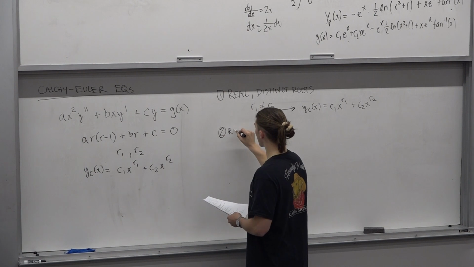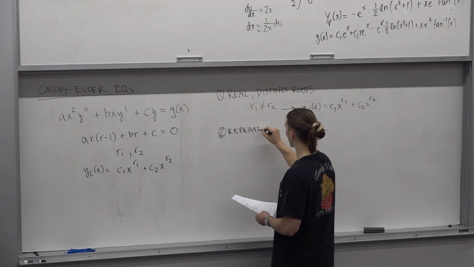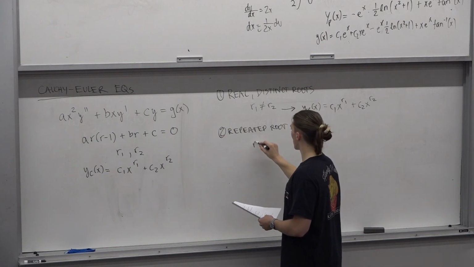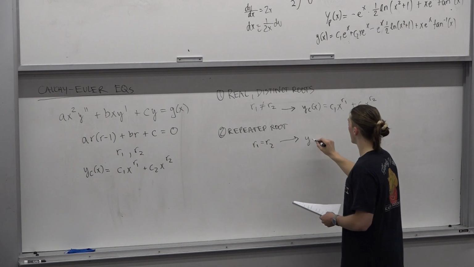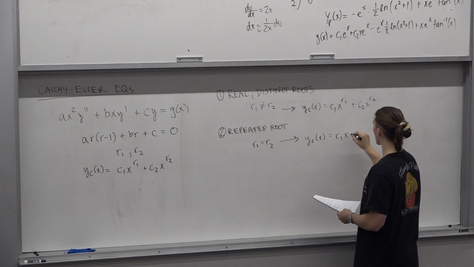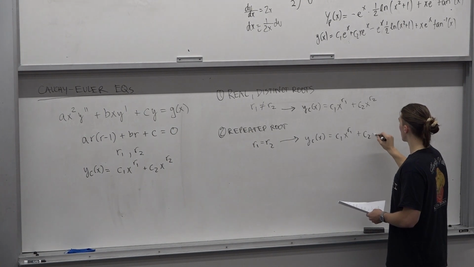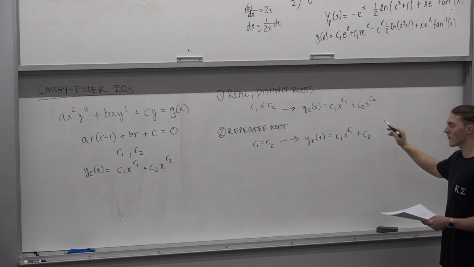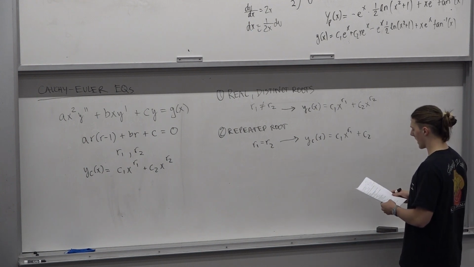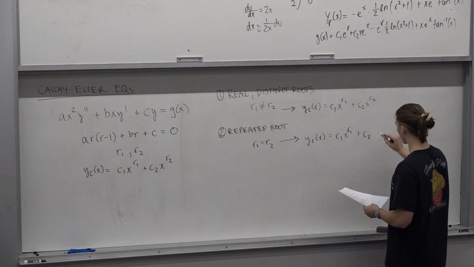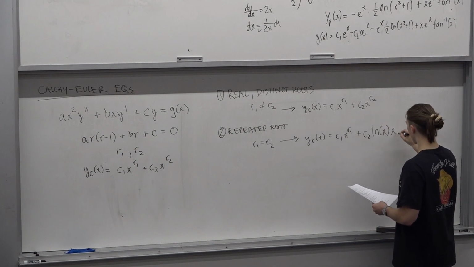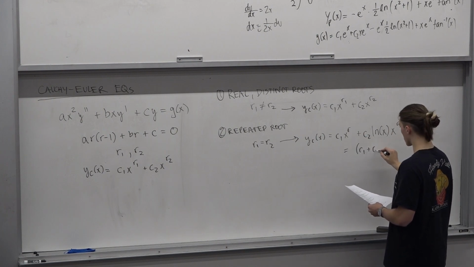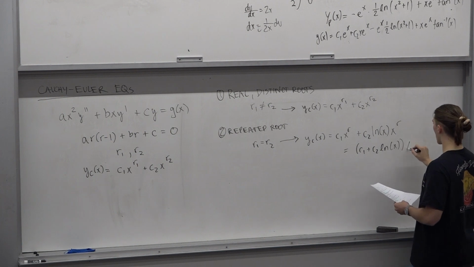Next case is a repeated root, R1 equals R2, and we have another form. Just like last time, we tagged on an x to our second term. This time we're tagging on a ln of x. So you can simplify this by writing C1 plus C2 ln of x, all times x to the R.